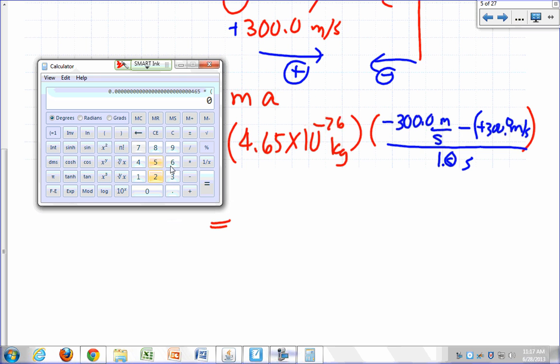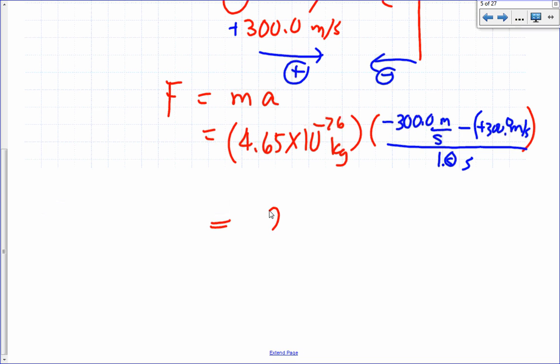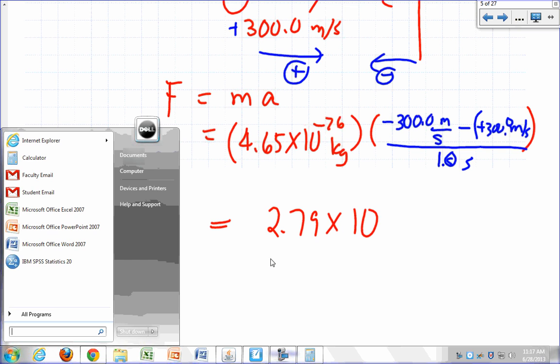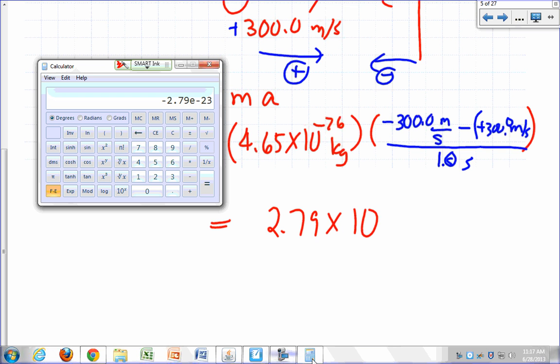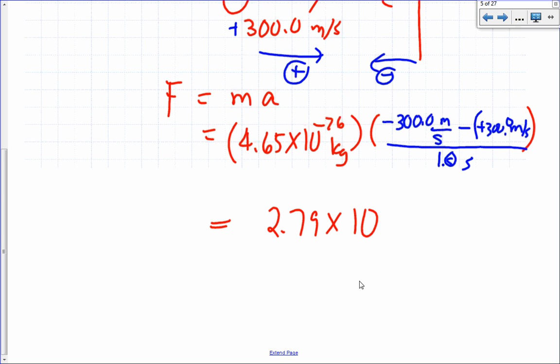The final velocity is negative 300 minus positive 300, the initial velocity, so the change in velocity is negative 600 meters per second, divided by 1 second. That gives us this number. Changing that to scientific notation, that's negative 2.79 times 10 to the negative 23rd.